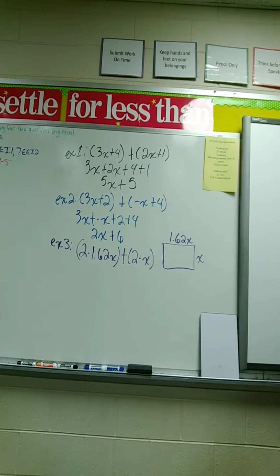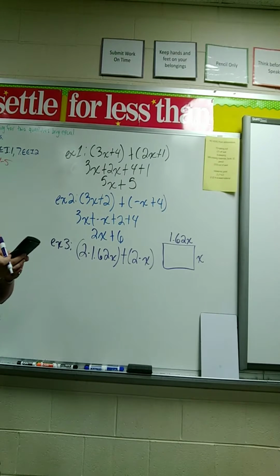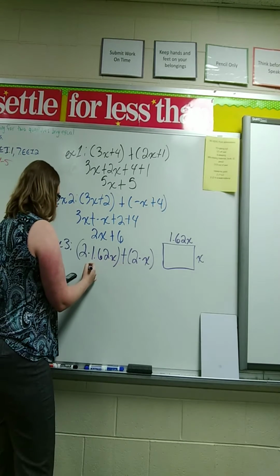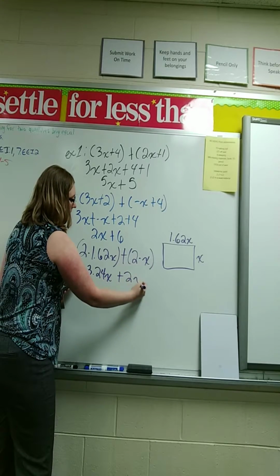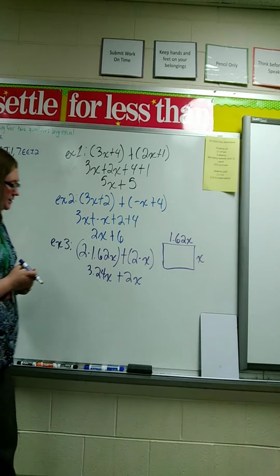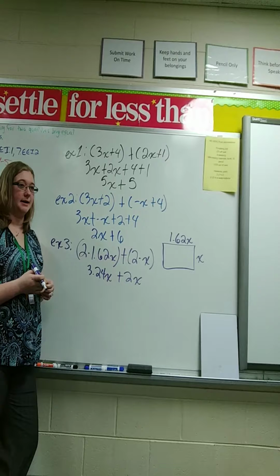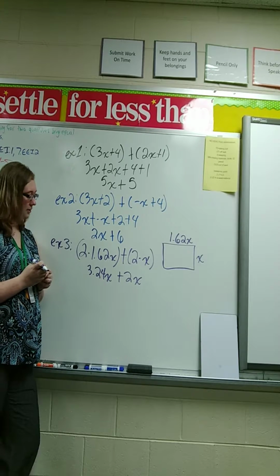Alright, double check me. 1.62 times 2 is 3.24x. Plus 2x. Is that correct? Yes, ma'am. Okay. What is 3.24x plus 2x? 5.24x.